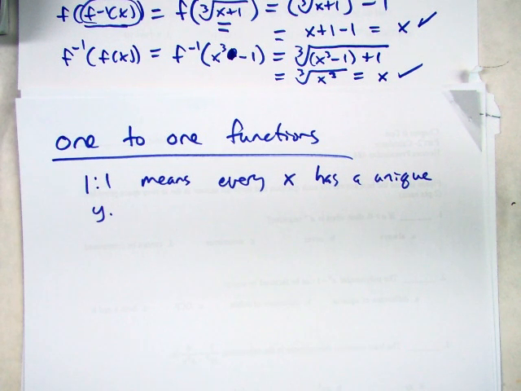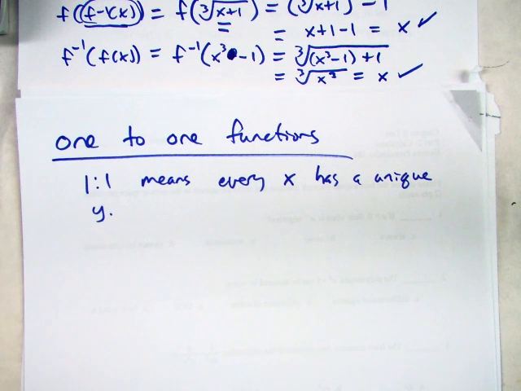Unique means, like, if, for example, if 2 has an output of 5, then 3 has to have a different output. That's what unique means, like different. You can't have any repeated y values, okay?